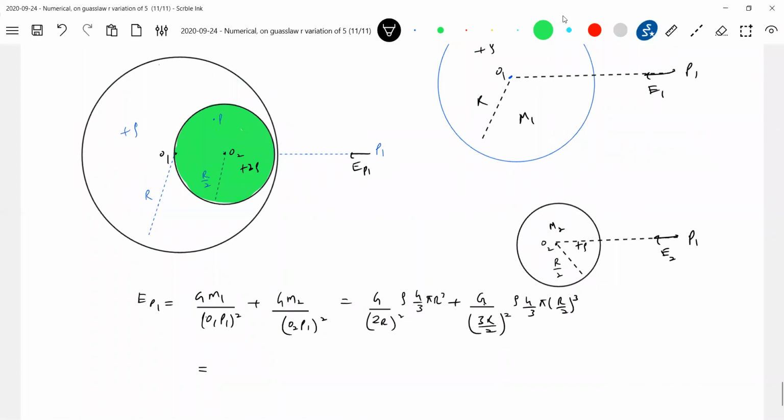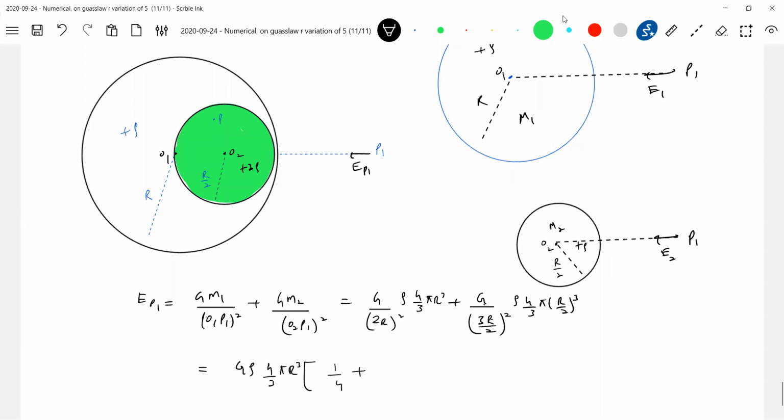It's only about calculation. 4 by 3 pi R cube, I think I can take outside. G rho, R square will get eliminated. So 4 G rho. Shall I take this much for the time being? So this will be 1 by 4 plus.